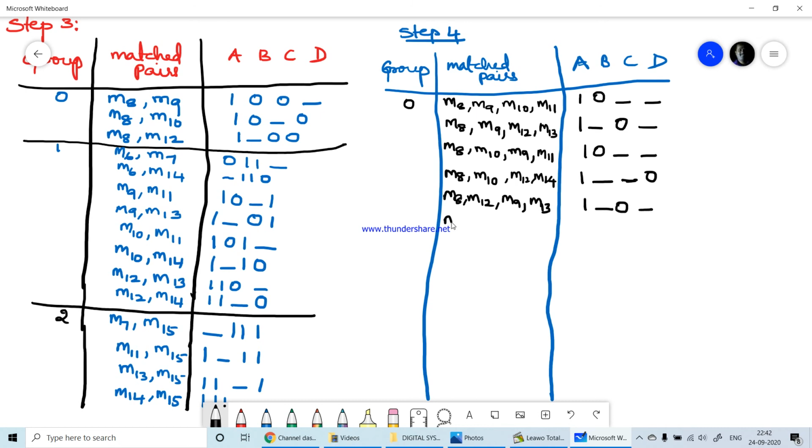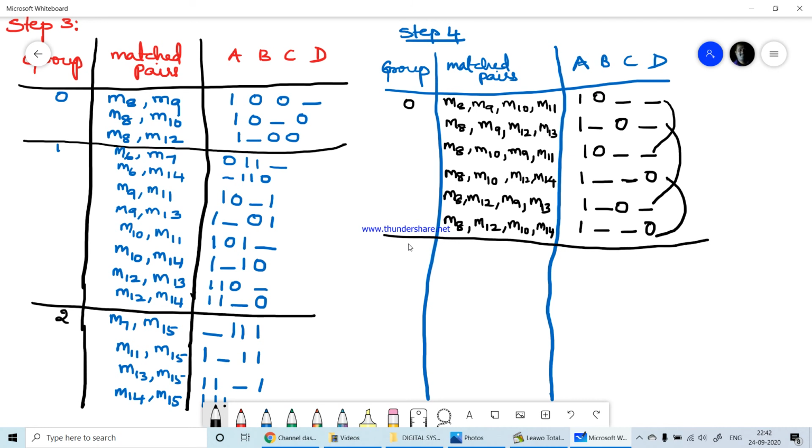Then finally I'll have M8, M12, M10, M14. So this I'll get 1 dash dash 0. So if you observe this and this, 1 dash 0 dash is this and 1 dash dash 0 is this. These all are same.